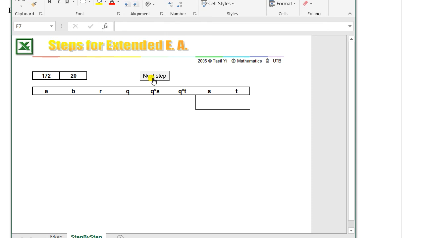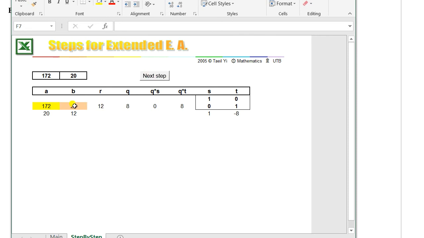Write down 172, 20, the 1, 0 and 0, 1, and remainder, quotient, quotient times S, quotient times T. Next step, when you take the real division, the quotient is 8 and the remainder is 12. Then please calculate those and subtract from the line above, and write down one line down. So 1 minus 0 is 1, 0 minus 8 is negative 8.